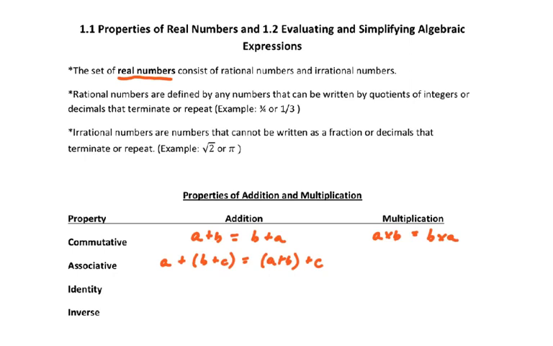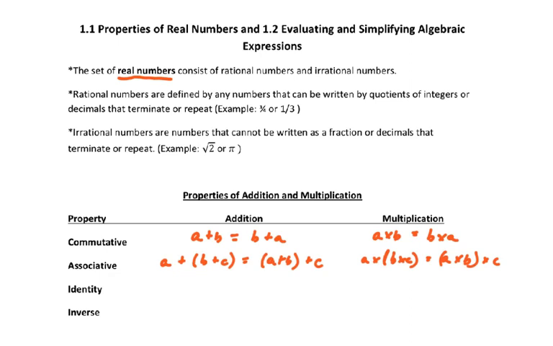I can do A times B times C, and it would equal the same thing as A times B in parentheses times C. So 3 things added together, it doesn't matter the order that you add the first 2 or the last 2, you're going to get the same thing. 3 things multiplied together, the order doesn't matter either.